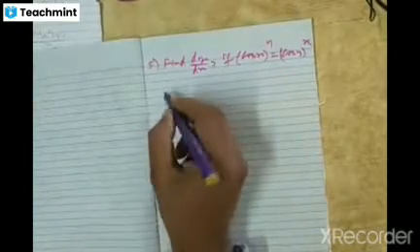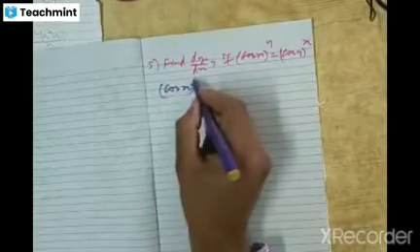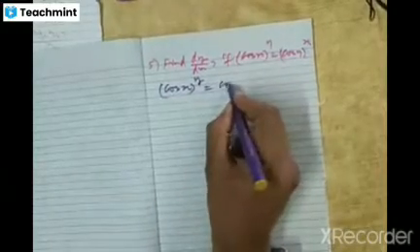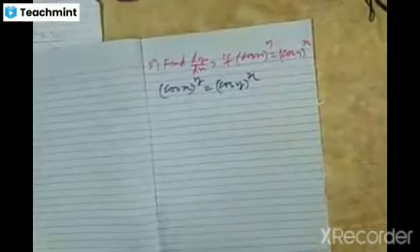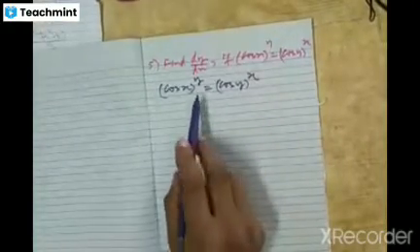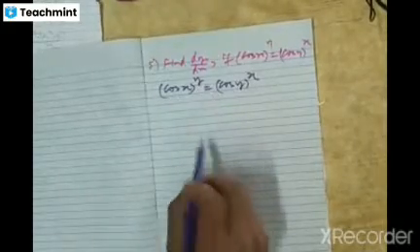First, we shall write the given function. (cos x)^y = (cos y)^x. Next, we shall take log on both sides.